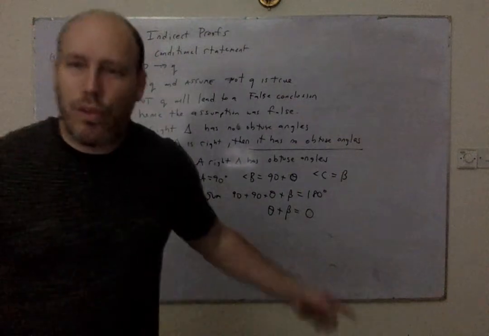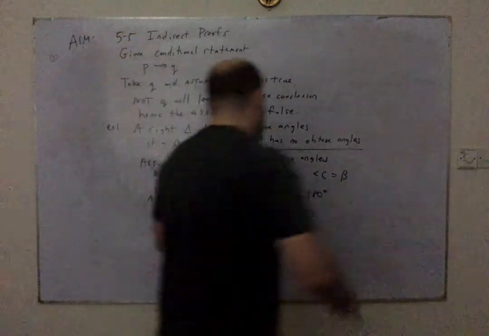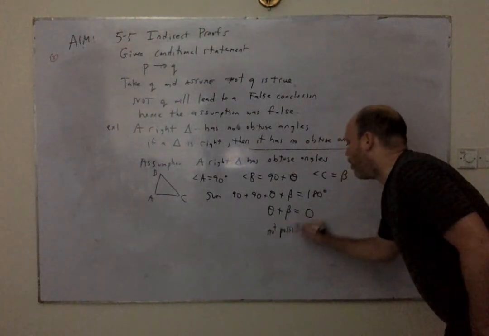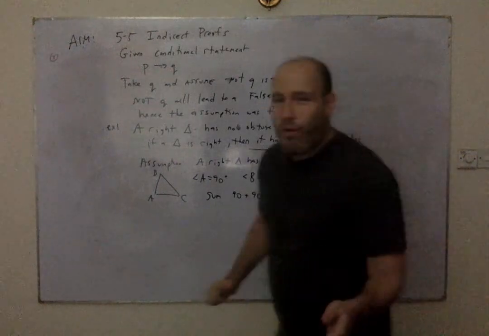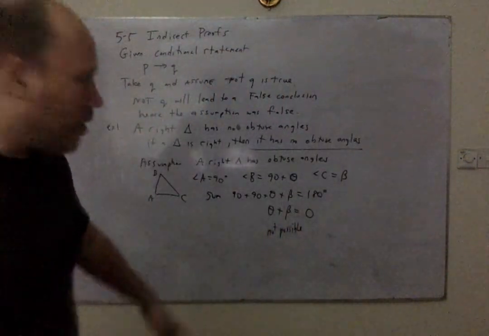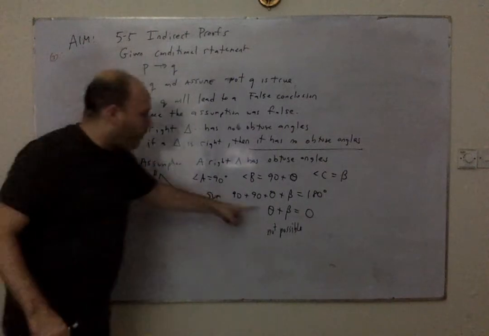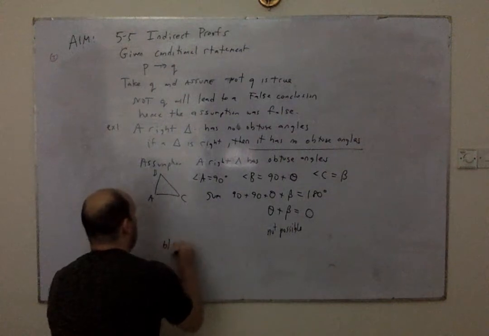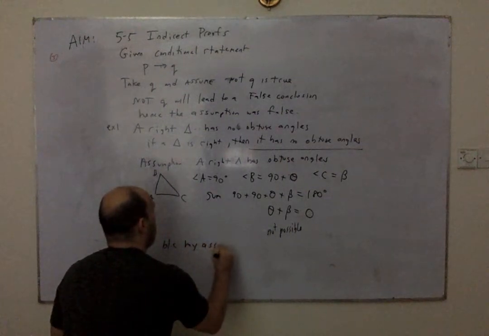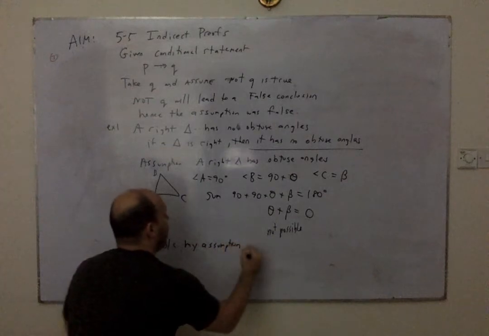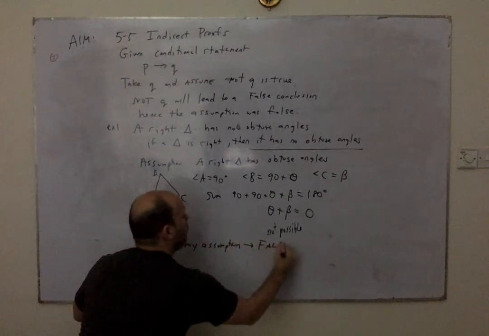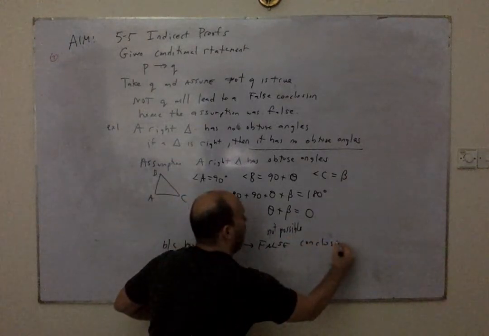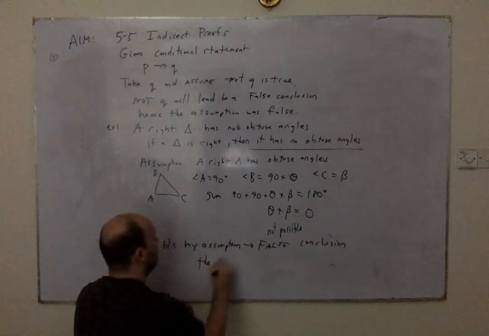Is this possible? And you say, that's my false conclusion. No, not possible, and therefore our proof is finished. You say, because my assumption led to a false conclusion, the assumption was false.